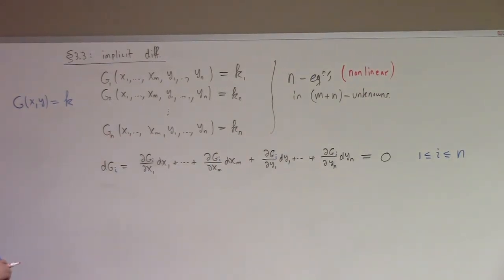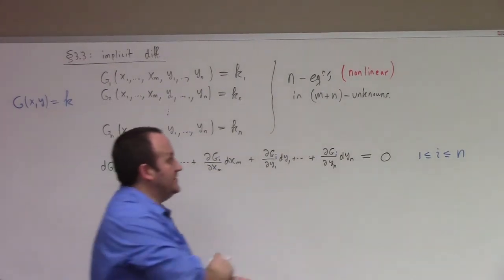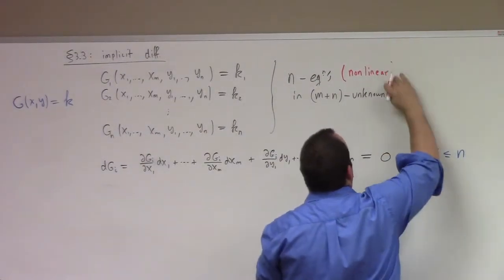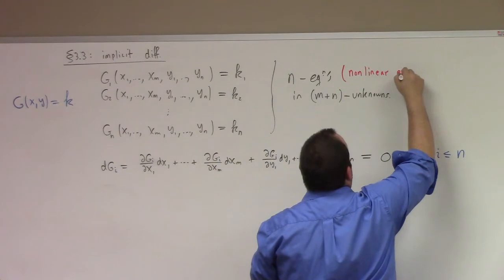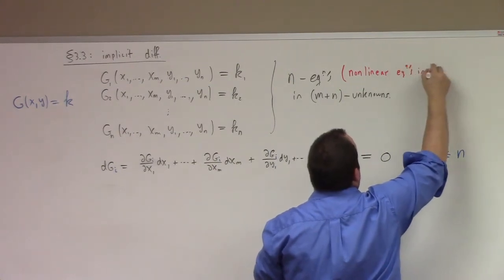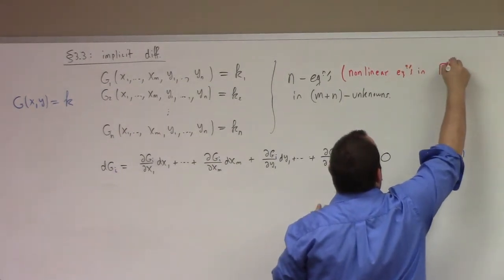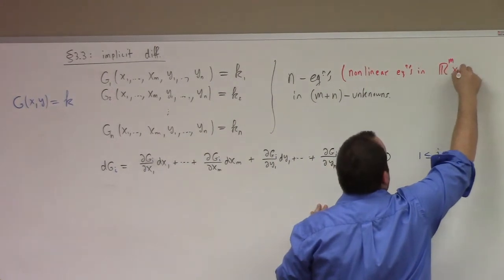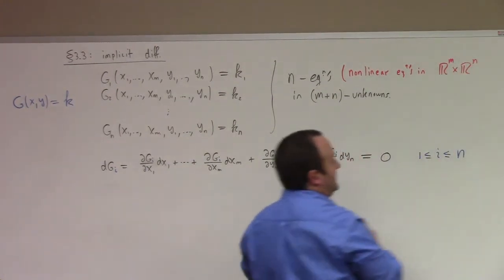The coordinates, x1 through xm and y1 through yn, right? So the universe in which this is happening is essentially in Rm cross Rn, right? That's the context.